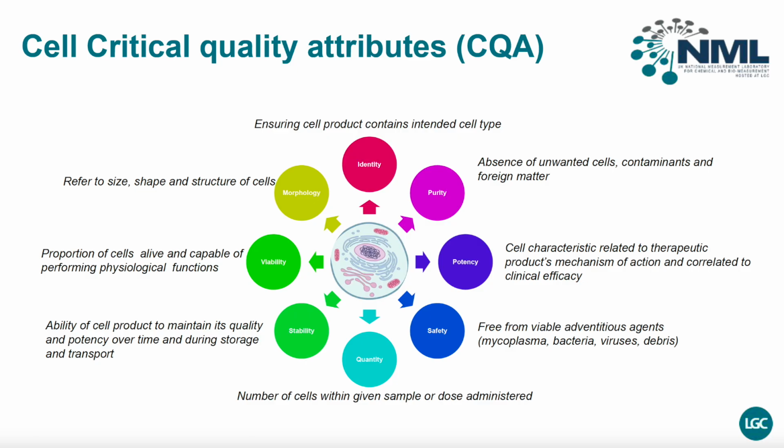So what I mean about CQAs is a number of measurands, including identity, purity, potency, safety, quantity, stability, viability, and morphology. So all these attributes ensure the product is safe, effective, and consistent. But due to biological variation, defining and measuring these CQAs early in development is challenging, but also quite crucial, because failure to do so can lead to late-stage clinical trial failures, for example, or safety concerns post-market.